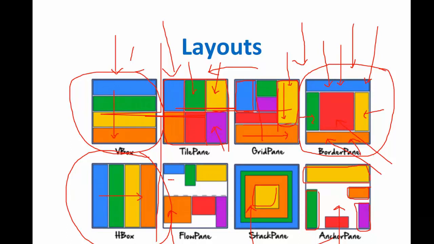You keep adding elements to your container. If the window size ends, they go to the next row. Maybe 3 rows, 2 rows, depends on how many you have. They can have different sizes, just placed next to each other randomly. This is a flow pane. You can make it horizontal or vertical even.